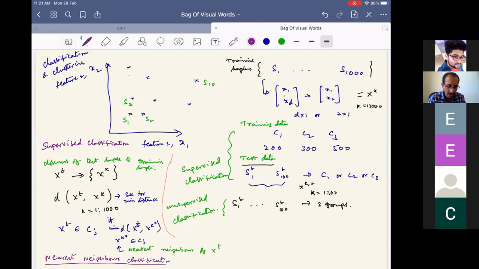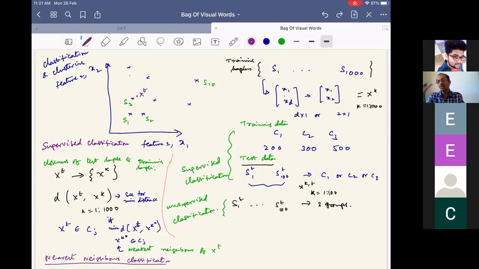Very good. So you can consider that if I see XT somewhere, for example, if this is the test sample XT, then among all the samples, this sample is quite near to it. It's very close to this. So in some sense, S3 is the nearest neighbor for XT. Even if you visualize in that dimension, if you plot XT, S1, S2, S3, and also all the samples, S3 is the nearest neighbor here, right?